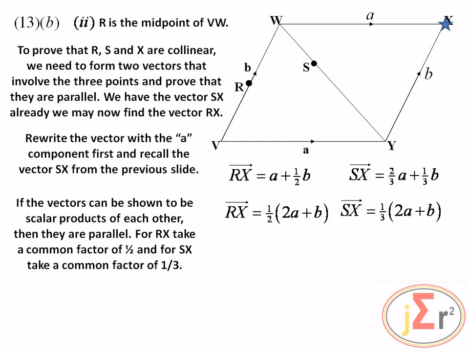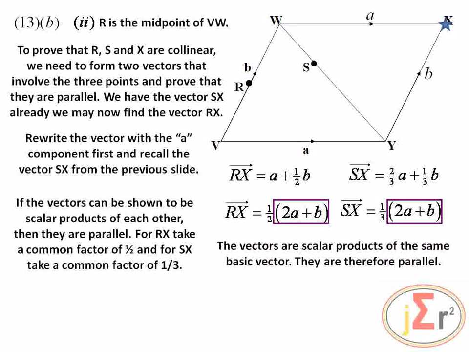But we'll take a look at that on a subsequent slide and show beyond the shadow of a doubt that if we take a common factor of a half, we'll actually have 2A plus B. I am sure that quite a few students will have no difficulty seeing that.